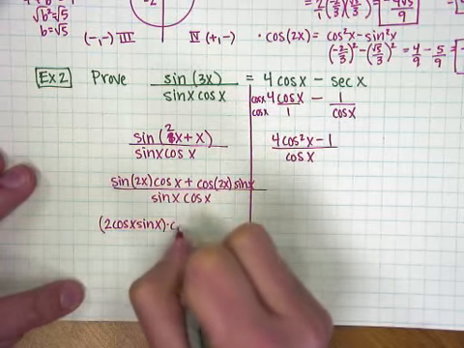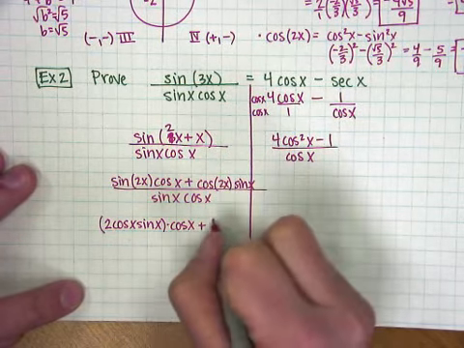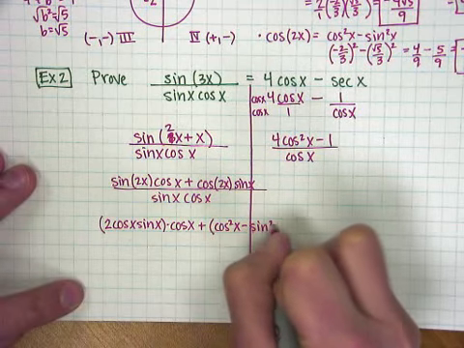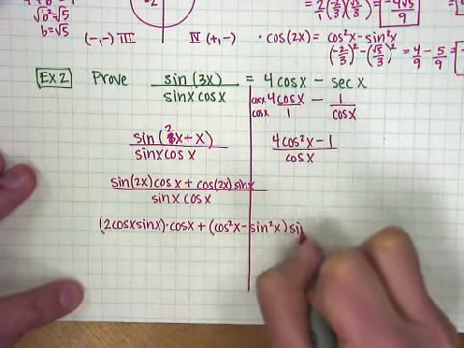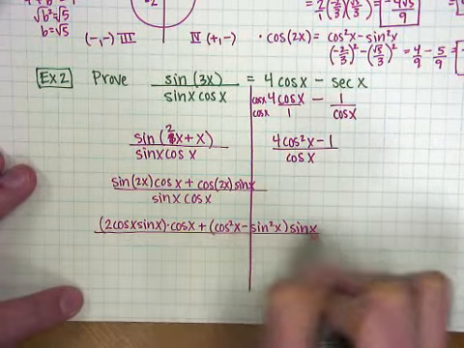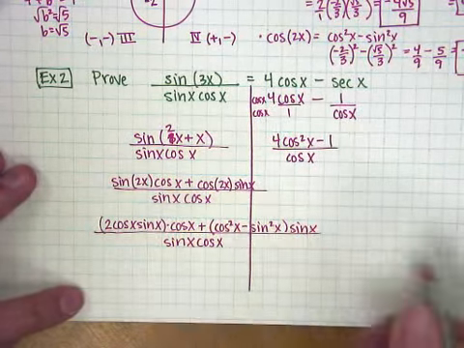Still times this cosine x right here. Cosine 2x is cosine squared x minus sine squared x. Ooh, look at me, I'm going across my line. Poor planning on my part, not gonna lie there. Okay.